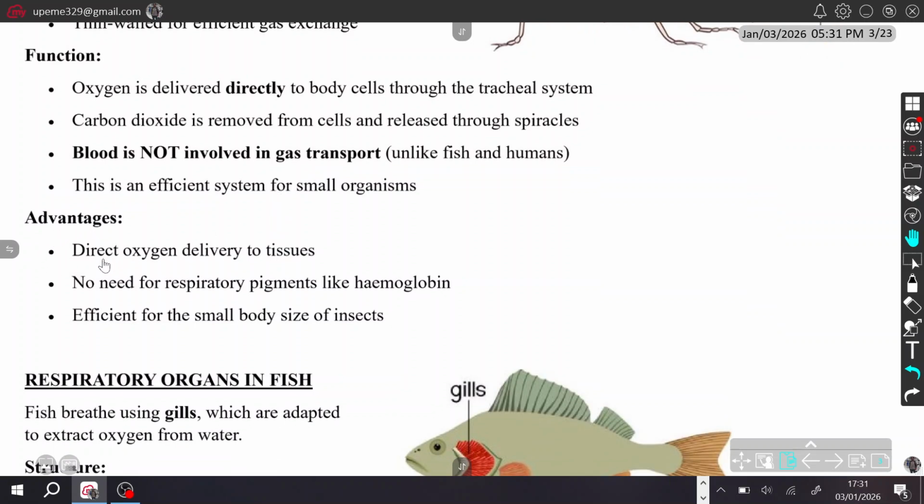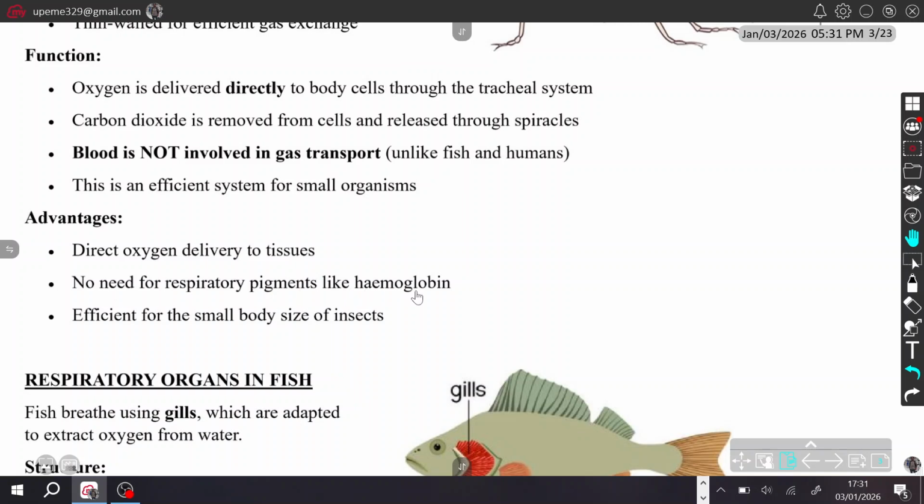The advantages: number one, oxygen is delivered directly to body tissues. Number two, no need for respiratory pigments like hemoglobin.